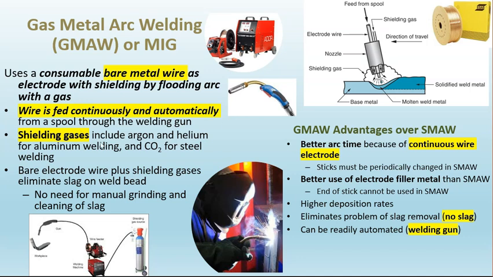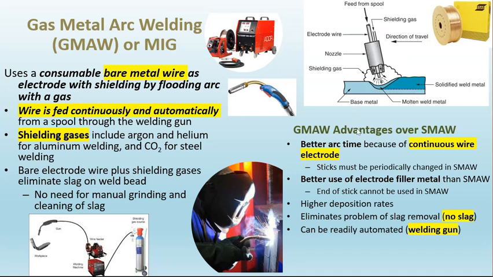The shielding gases used are argon and helium for aluminium, and CO2 for steel welding. They don't have slag compared to SMAW just now. They have one gun, and the electrode and the gas are all included in this gun.